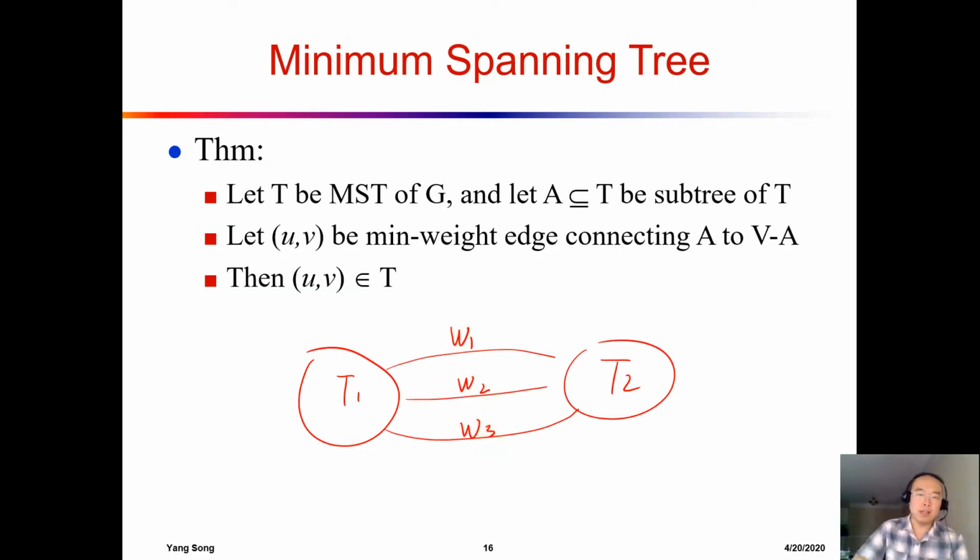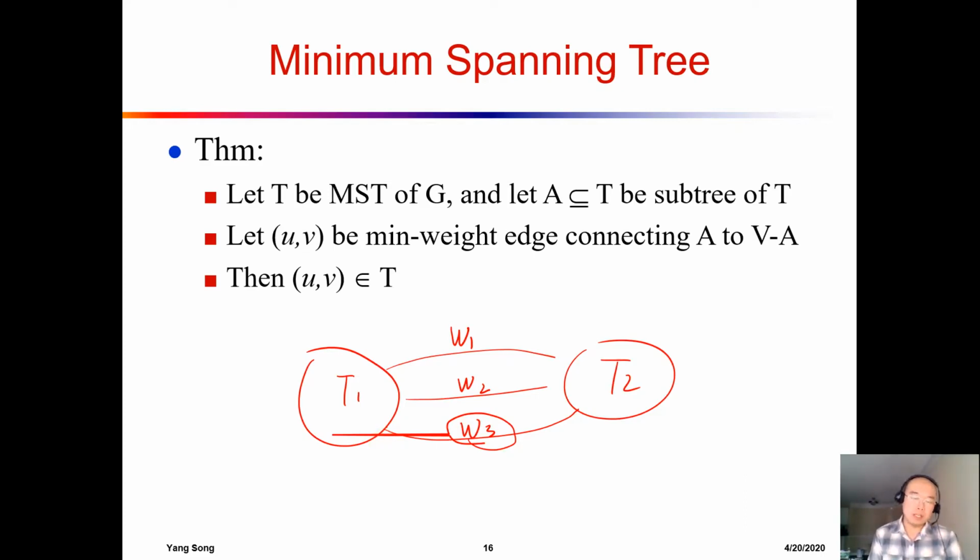Say weight 3 is the smallest one, then we just keep T1 and T2, and we pick the edge with weight 3 because that's the smallest one to connect T1 and T2, and then we will have another optimal MST.